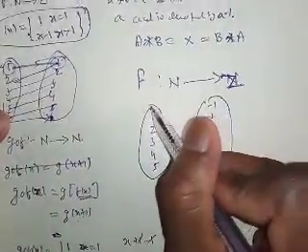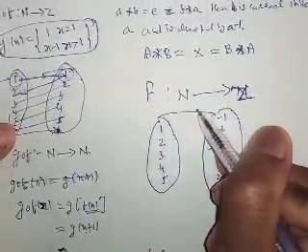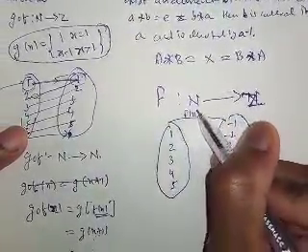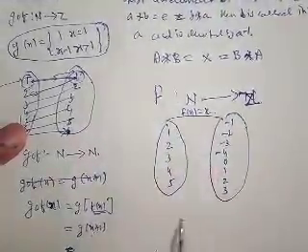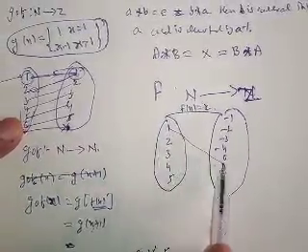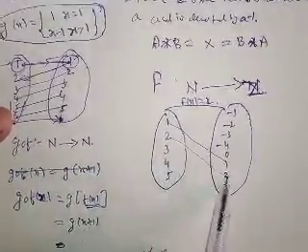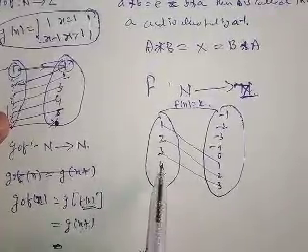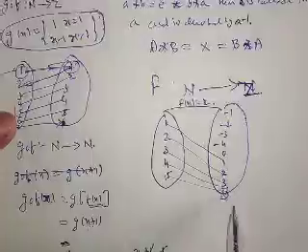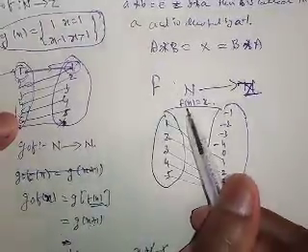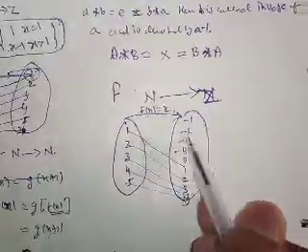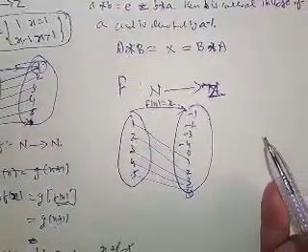Now first we have to prove that function f is 1-1. So let's say f(x) is equal to x. So if you put in N, for 1 you will get 1, for 2 you will get 2, for 3 you will get 3, for 4 you will get 4, and for 5 you will get 5. So f(x) equal to x proves that f is 1-1, is it?